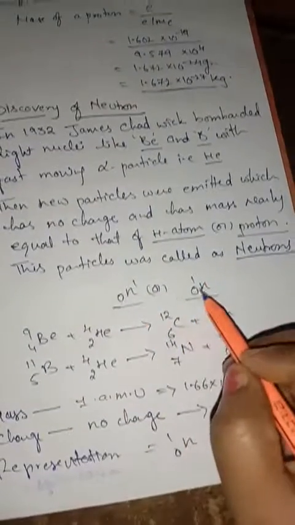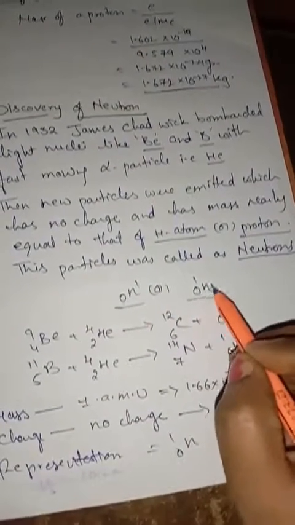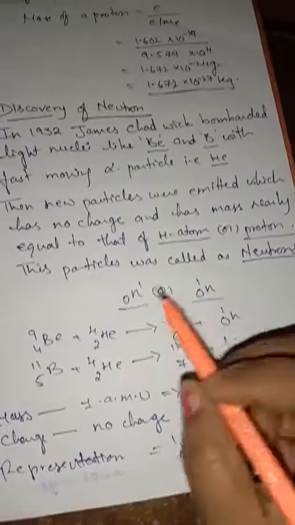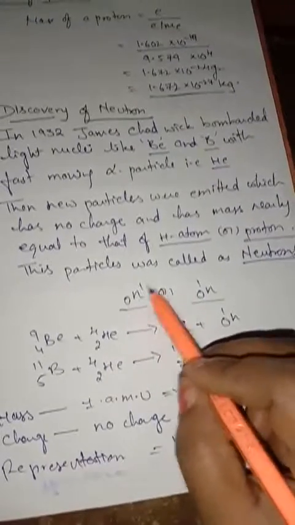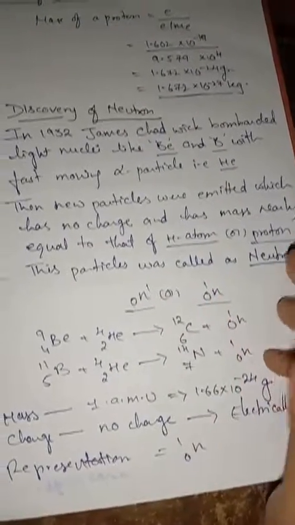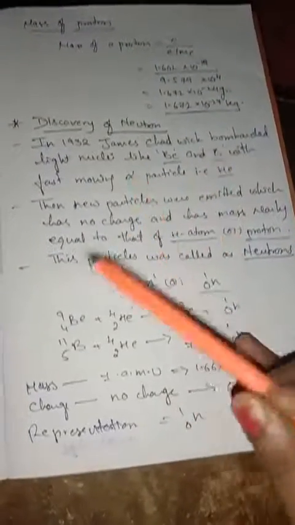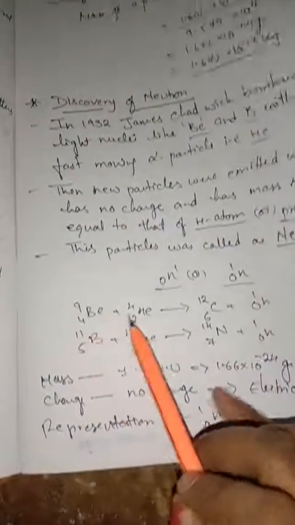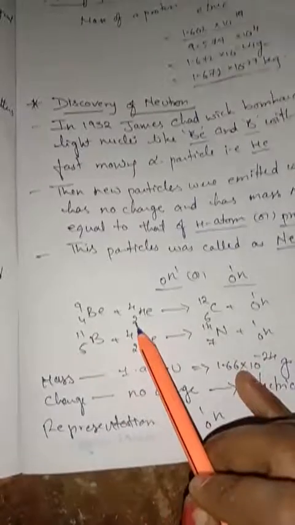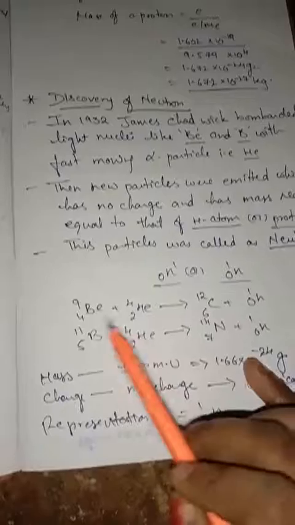How will you represent the neutron? You can write it as 0n1, on this side or that side, no problem. Look at what I said: he has taken a light nucleus like beryllium and bombarded it with helium. Beryllium has atomic number 4 and helium has atomic number 2, and 4 plus 2 is 6.